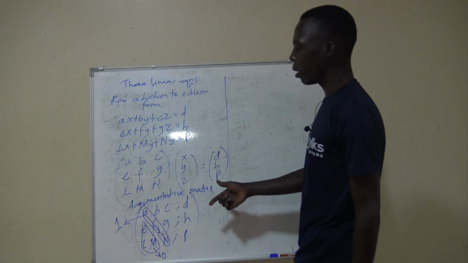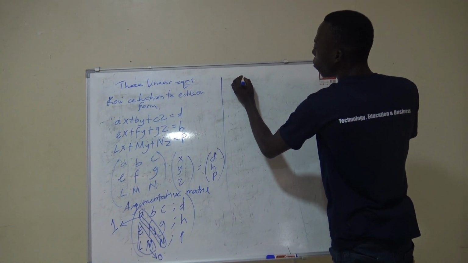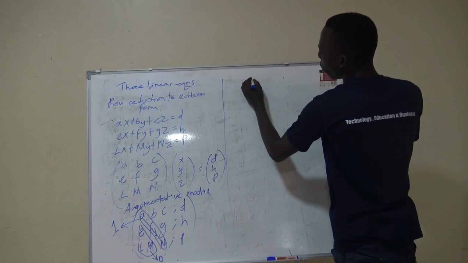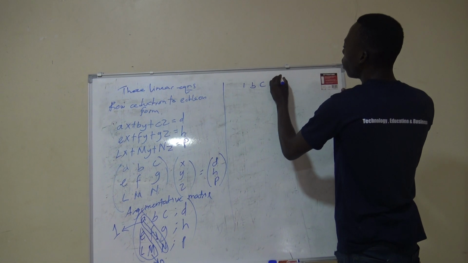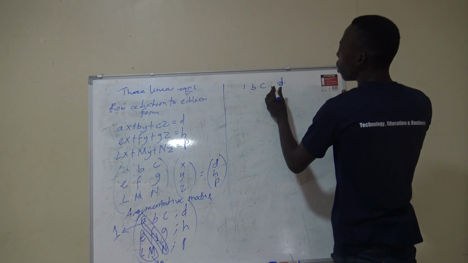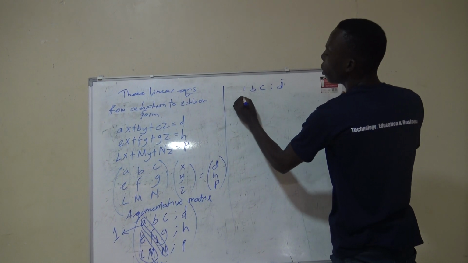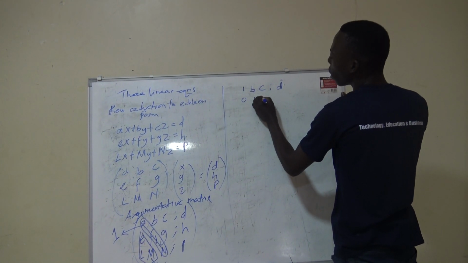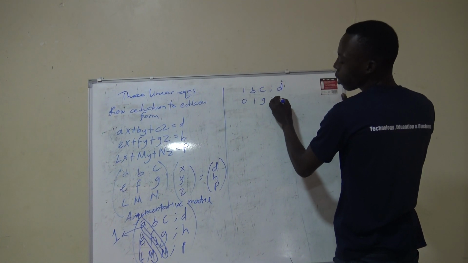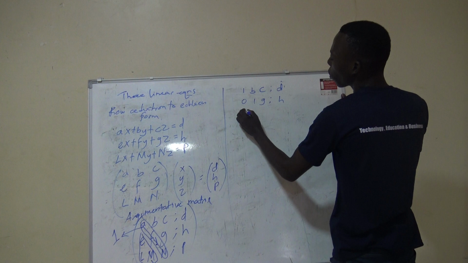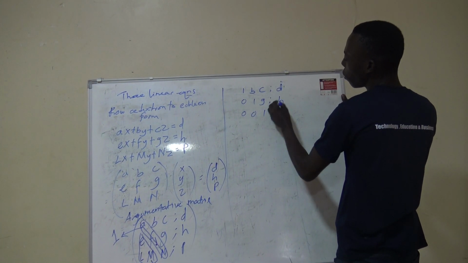So in the results, this one will be 1, then b, c, then d; then the other row will be 0, 1, g, then h; then 0, 0, 1, and the value p.